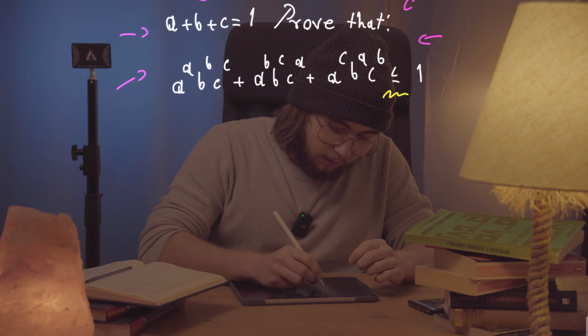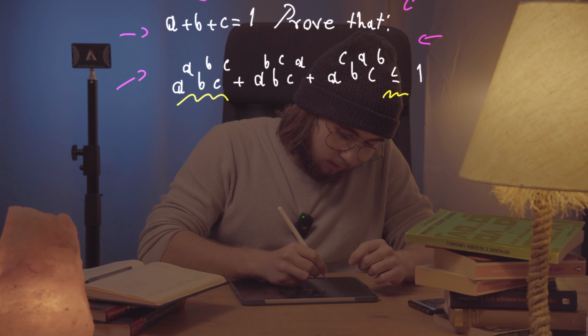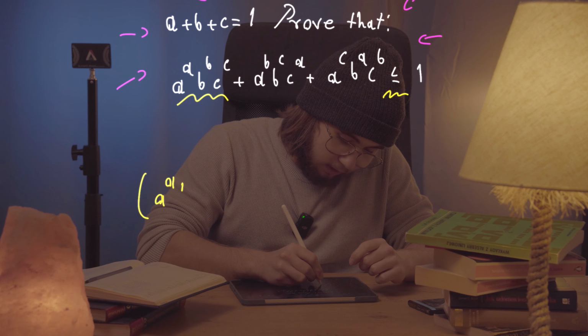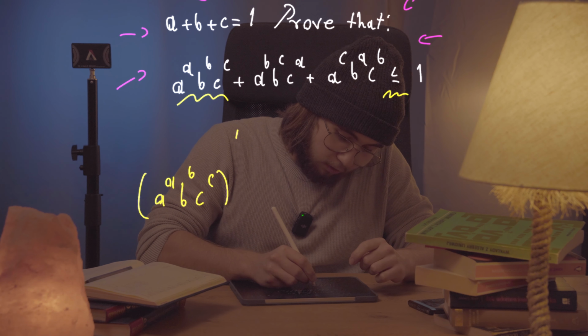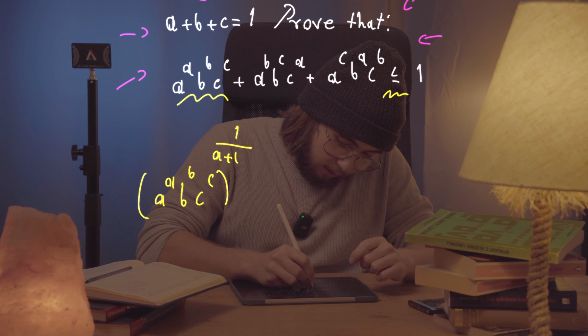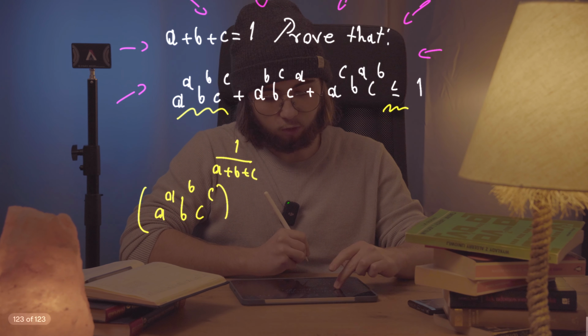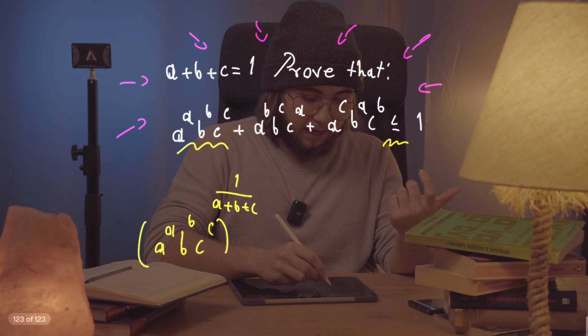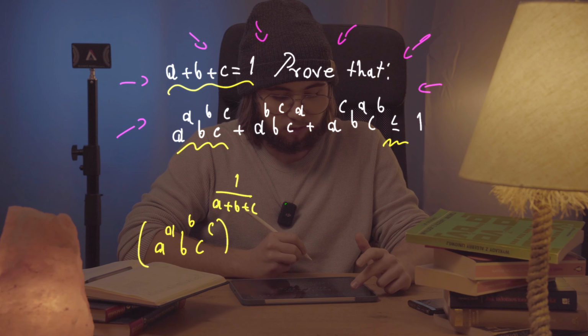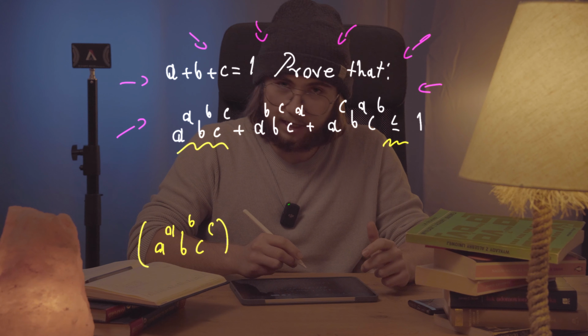Well, how do I do that? You see, if I take, for example, this guy underlined right over there, and I will write him here, a to the a, b to the b, c to the c, then I will raise it to the power of 1 over a plus b plus c. So it looks like a geometric mean, but oh wait, the nice thing is that a plus b plus c is actually equal to 1, so I don't really have to care about this exponent at all.